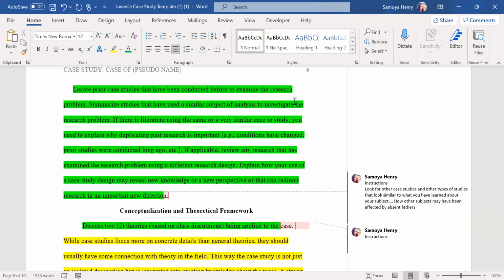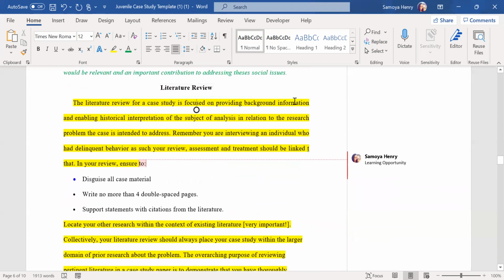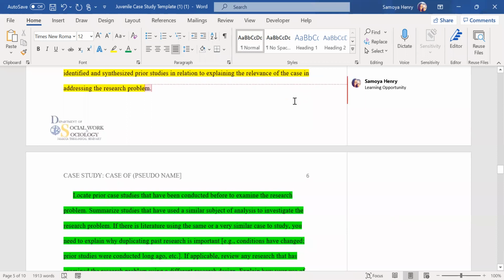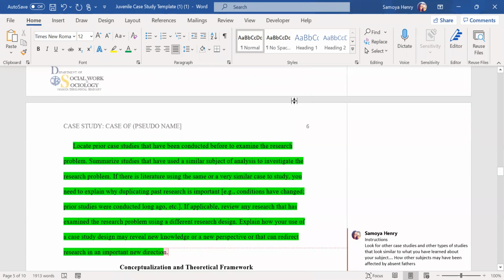So it explains that the literature review provides background information on the clients, and you are summarizing what other studies have been done. Remember when I asked you guys to do the annotated bib? So summarize studies related to your research problem.